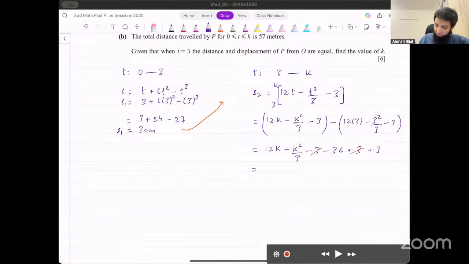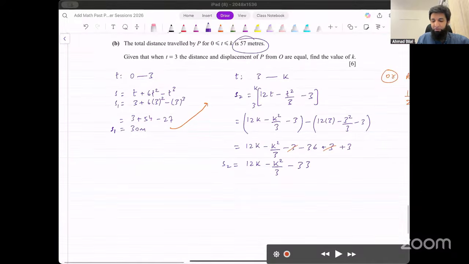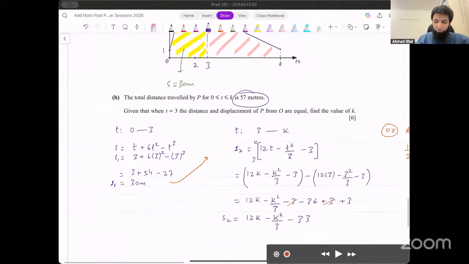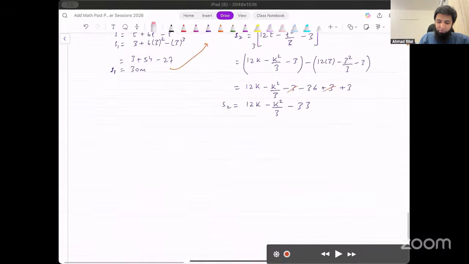Minus 33. 12k minus k squared over 3 minus 33. That's the second part of the displacement. Okay, we've got the second part of the displacement. Now they told us the total distance traveled is 57. The total displacement is the same as distance traveled in this case because velocity is positive throughout. We can just add these two numbers now, equate it to 57.